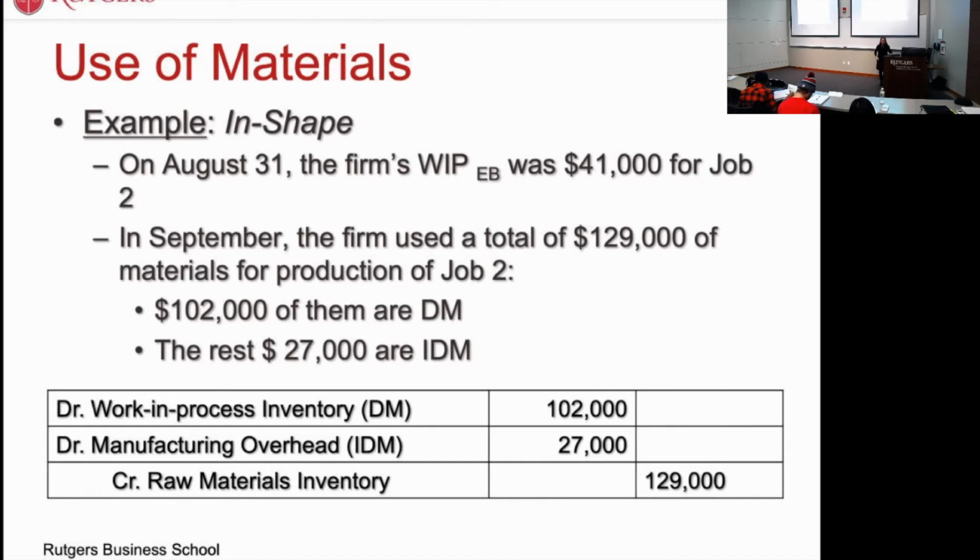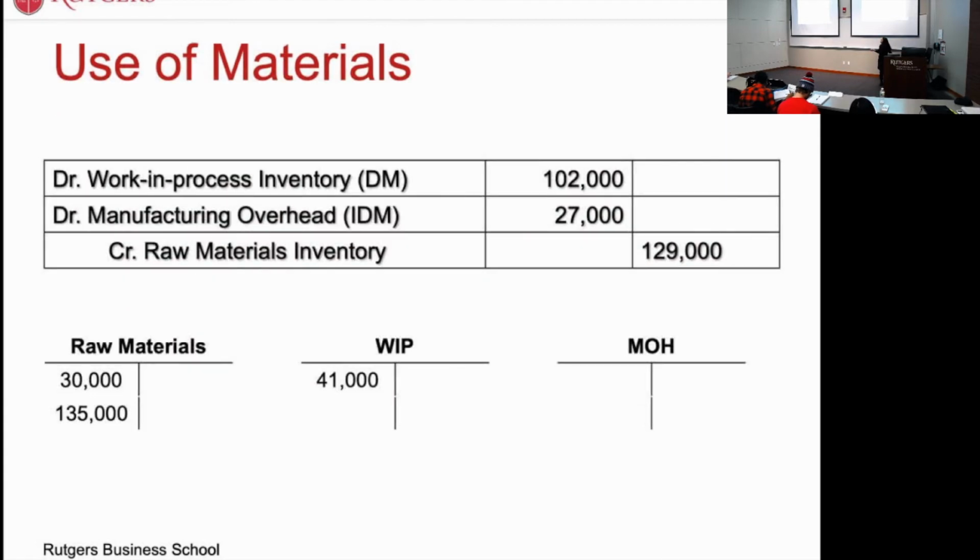That's why in the work in process T account, we put the beginning balance on the debit side, because we have a positive outstanding amount. We have some outstanding work in process inventory. That's how we use that information.